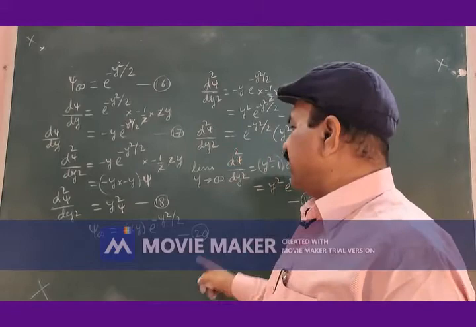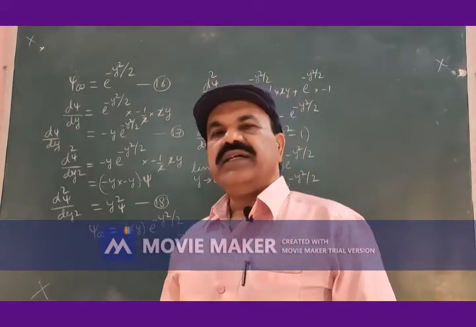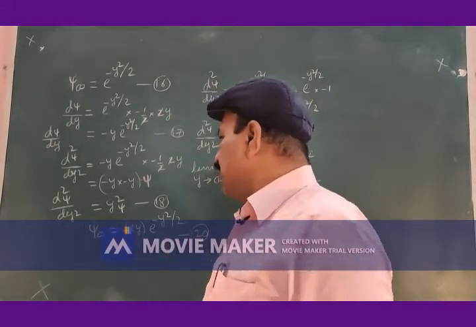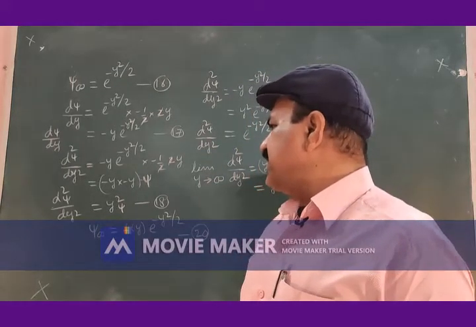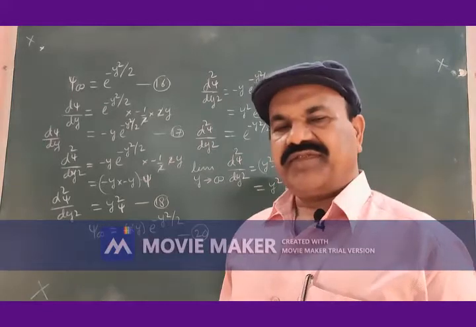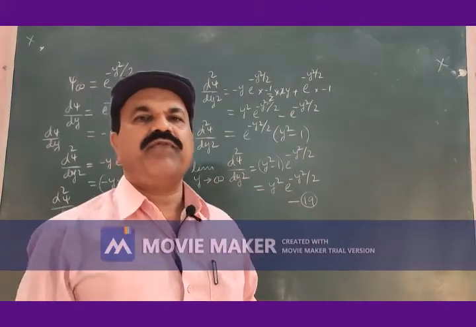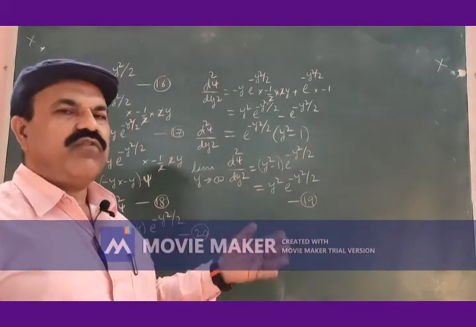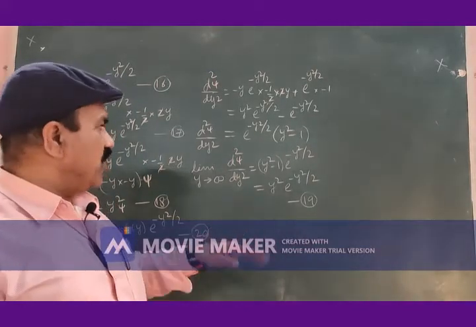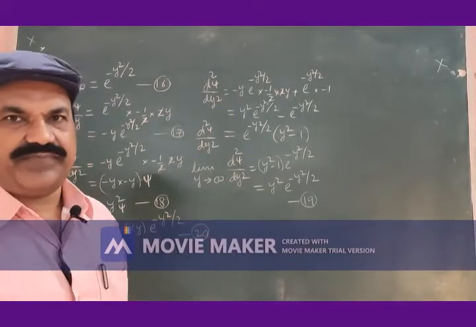Y square is coming here. So what shall we write? Psi infinity is equal to f of y e to the power minus y square divided by 2, equation 20, the asymptotic form of the wave function psi needed to solve equation 13.